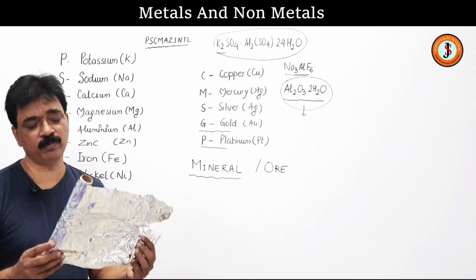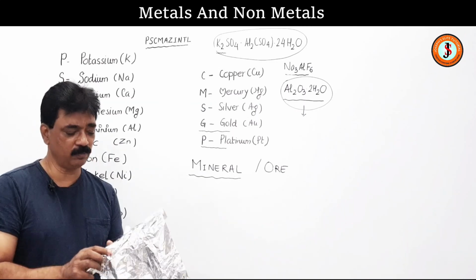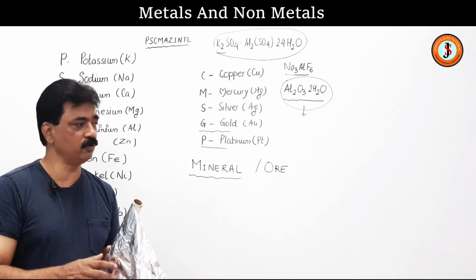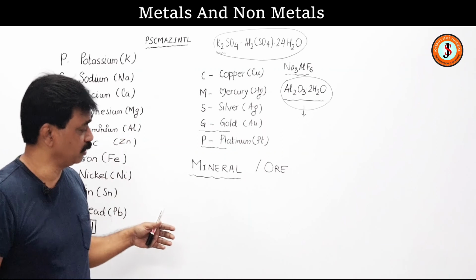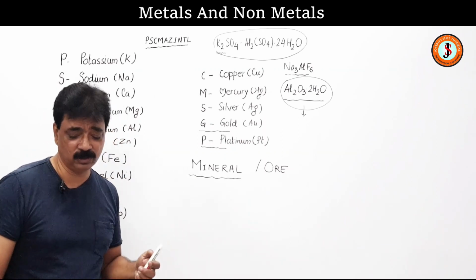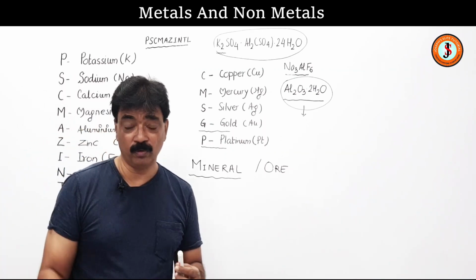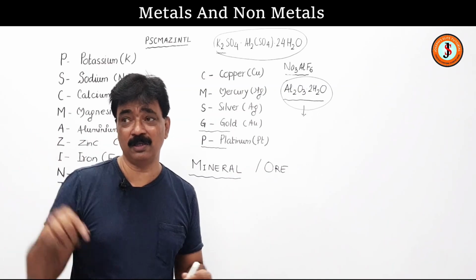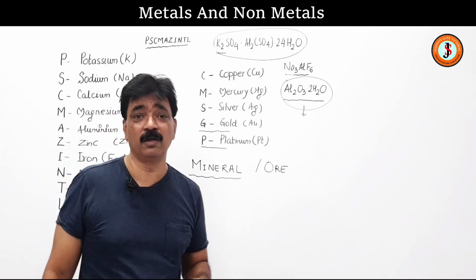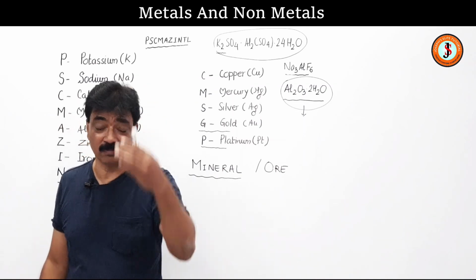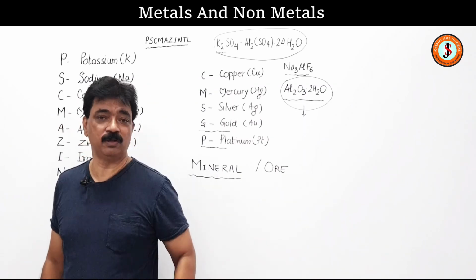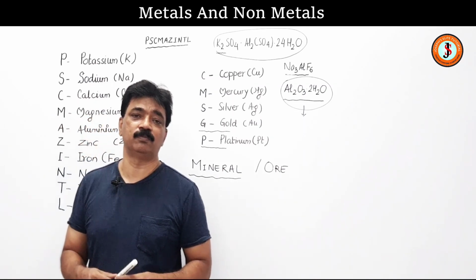So this is freshly prepared aluminum. Normally aluminum is a bluish white metal, but after some time, as you see in your window frame, it becomes grayish white because a very thin film of aluminum oxide is formed on the aluminum surface.